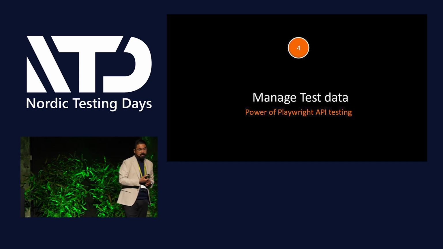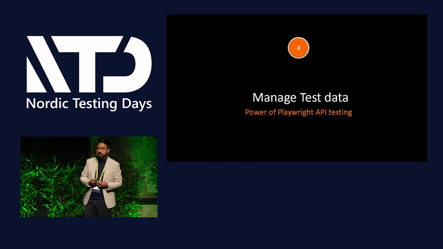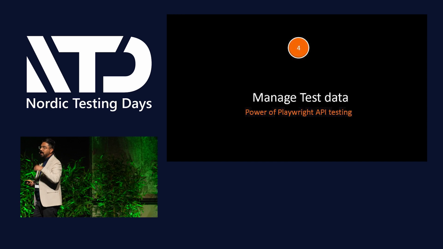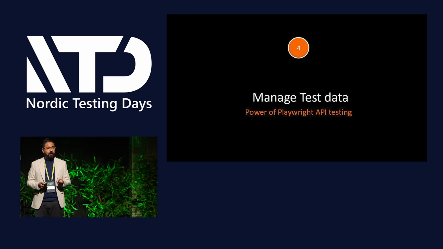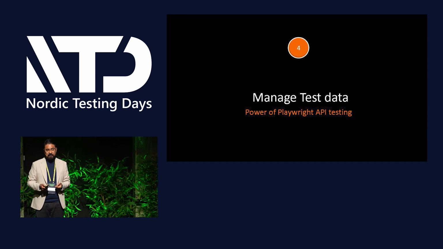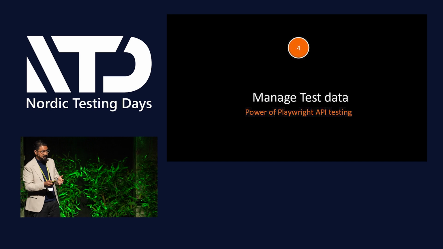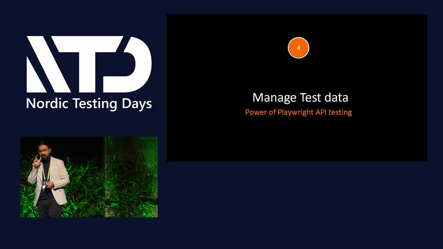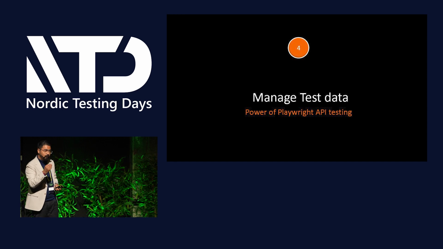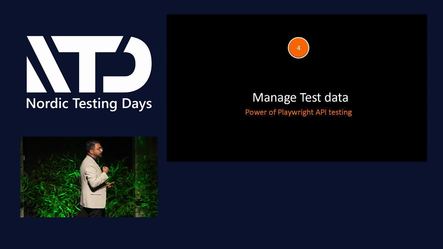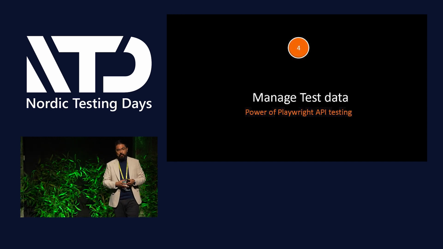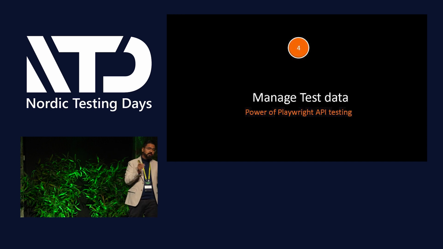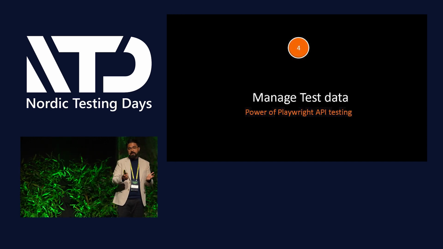The next one is also one of my favorites. Playwright comes out of the box with the ability of API-level testing, in addition to browser-level testing, and among other capabilities as well, but API testing is super, super critical. How we used it is, in our browser tests, we need to do a lot of validation with proper test data.